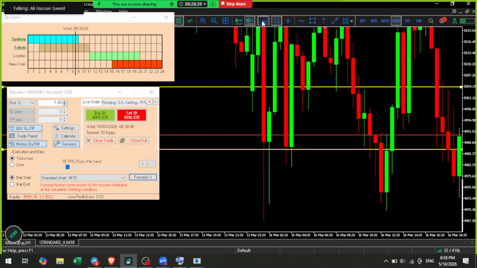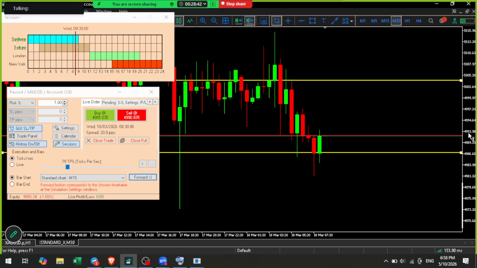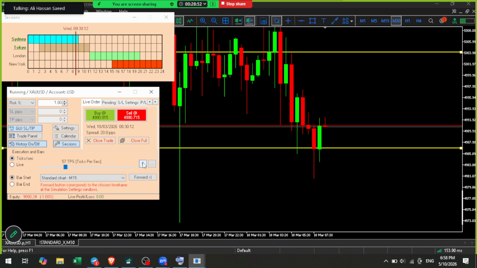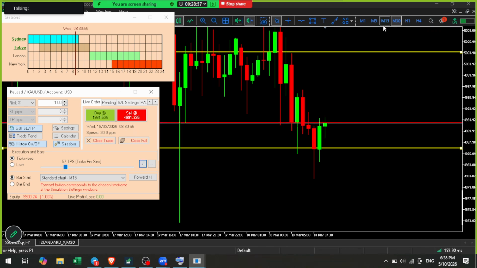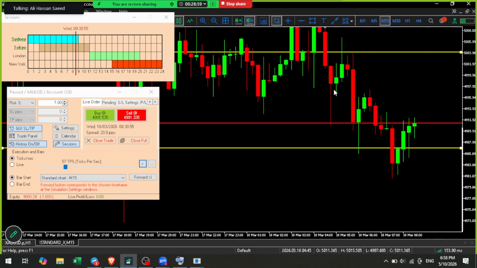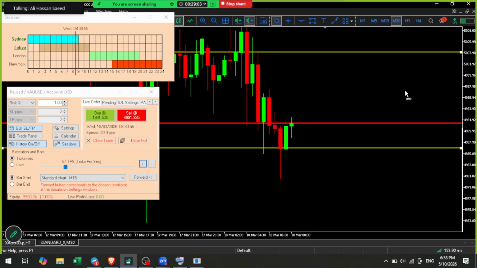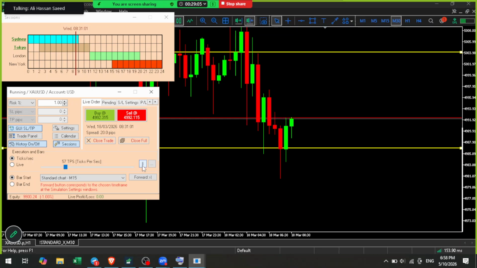So at the 30 minute we have a bullish candle close. Let's see how the next candle prints. We didn't see the 15 minute. The 15 minute is trying to push up, none of our concern.